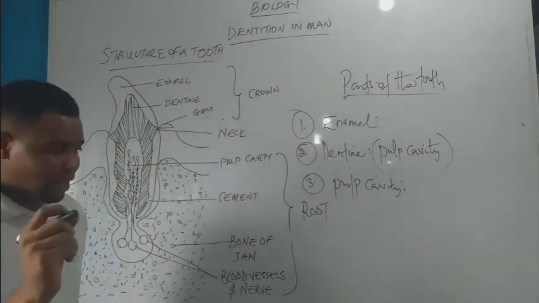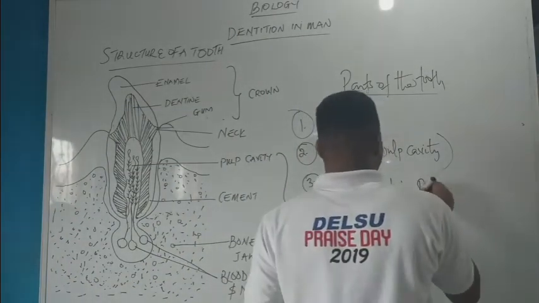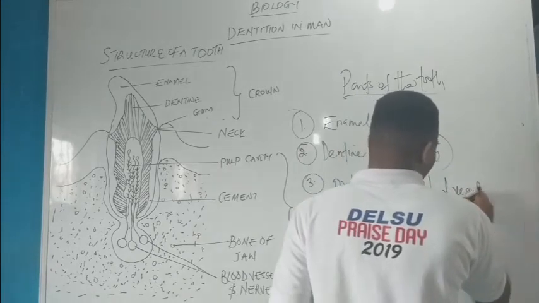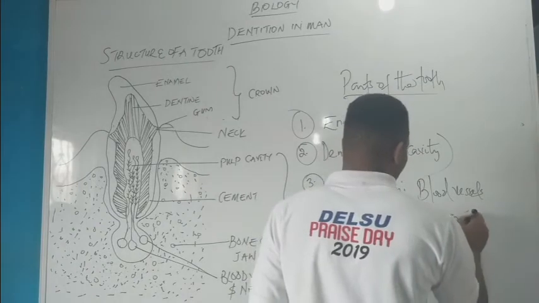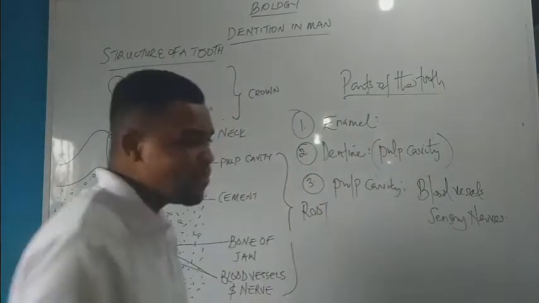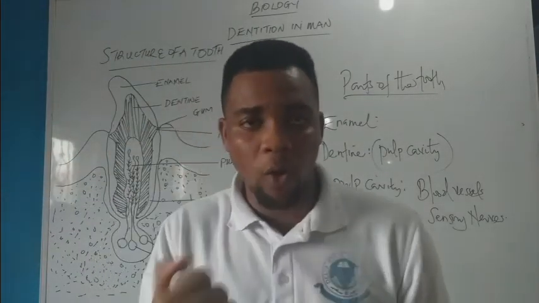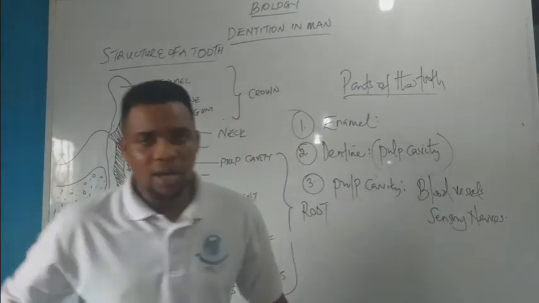So the pulp cavity consists of blood vessels formed from the capillaries and also sensory nerves. That is why when you take in cold water or hot water, the sharp pain is received at the pulp cavity.